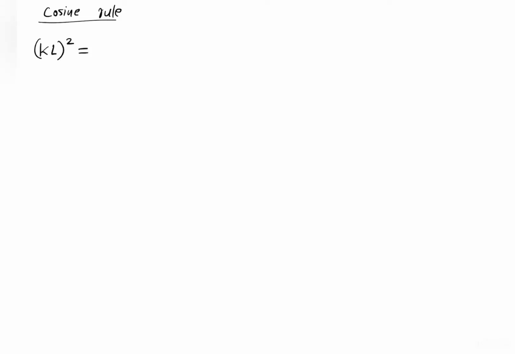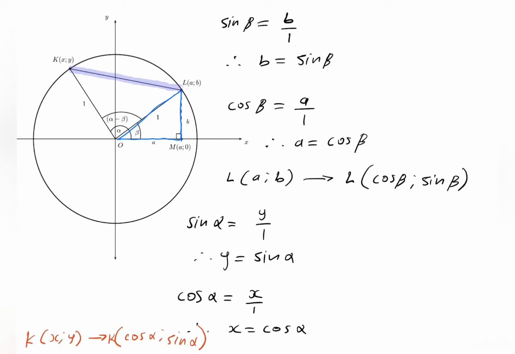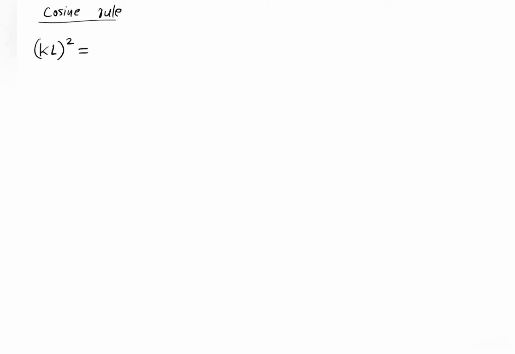So we're going to have KL squared is equal to, because this is our subject of the formula, on the other side after the equal sign, we're going to have this length, which is OK, squared, plus this length, which is OL squared. So it's going to be OK squared plus OL squared. And then we say minus 2 times OK and OL.